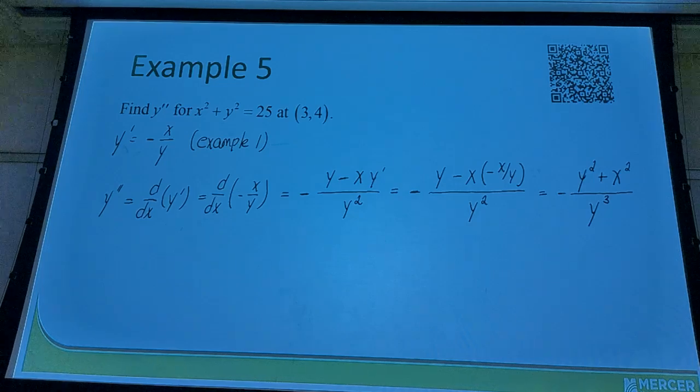It can still be simplified. Negative x squared over 1. Well, then you have 1 over y plus x squared over y cubed.